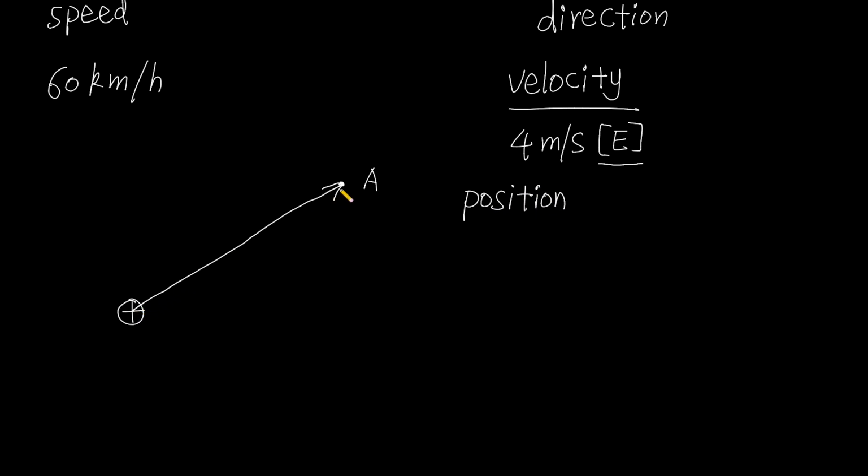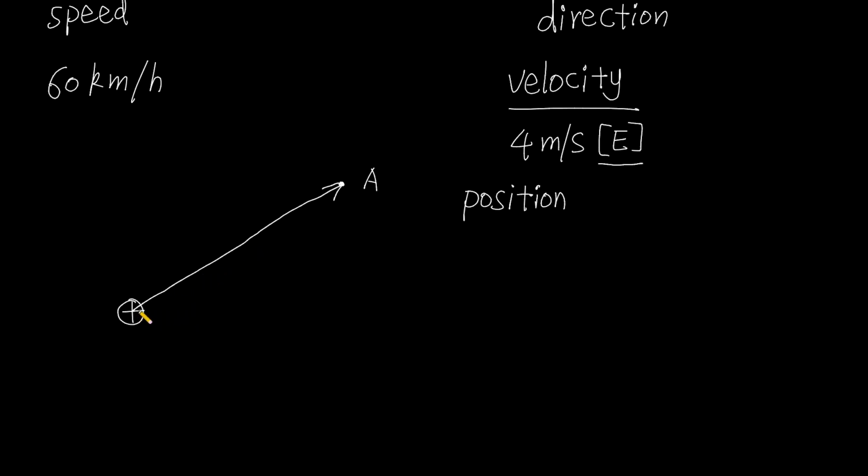This vector just represents the position of object A. The magnitude of the position of object A is just the length of this vector. The longer the vector, the bigger its magnitude. And also the position has direction.